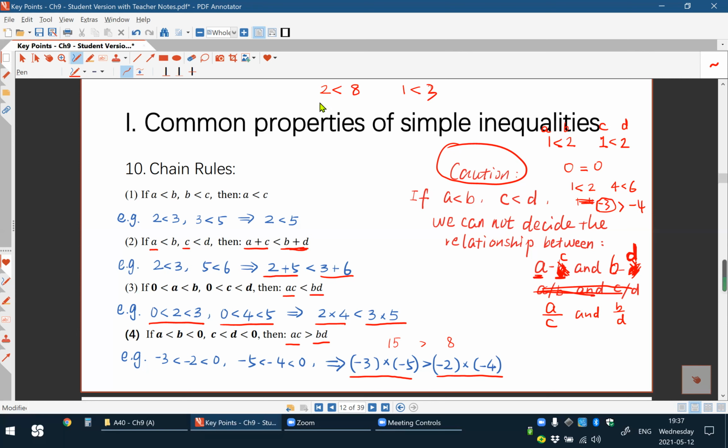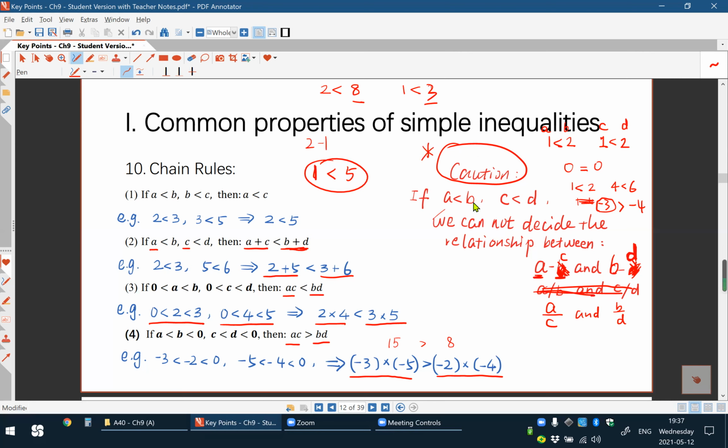The difference on the left-hand side is 2 minus 1, which is 1. And the right-hand side is 8 minus 3, which is 5. And this time 1 is smaller than 5. So the left-hand side could be equal to, smaller than, or greater than the right-hand side. So you need to pay attention to this.